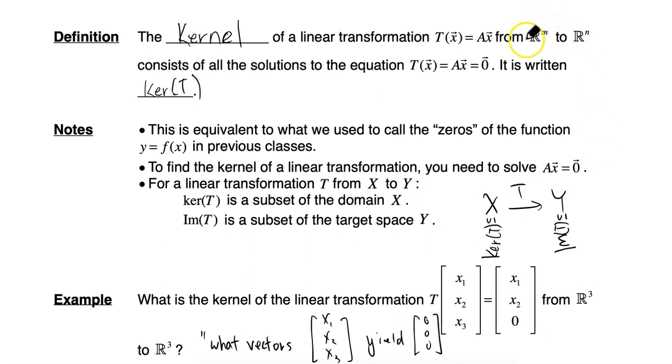So it's a subspace of Rm, whereas the image is a subspace of Rn. It's written here, Ker T is a subset or subspace of the original space, and then the image is a subspace or subset of the target space.